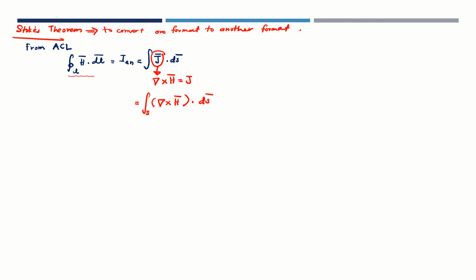So now we are able to convert line integration to surface integration, and this can be done using the Stokes theorem. And how about from surface to volume? Of course we can also do that based on the divergence theorem.